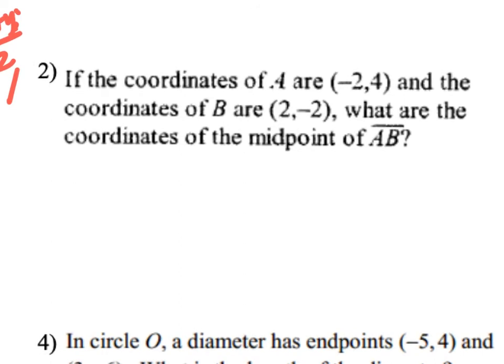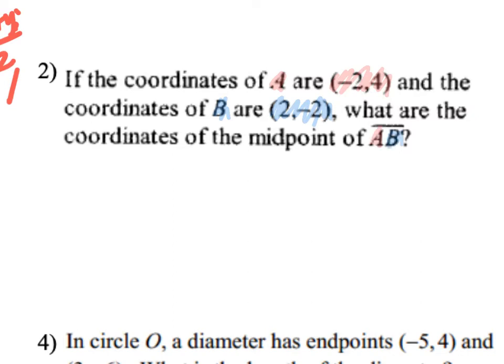If the coordinates of A are -2, 4, and the coordinates of B are 2, -2, what are the coordinates of the midpoint AB? Okay, so let's look at some information that I have. I'm given these coordinates, so A is going to be -2, 4, B is 2, -2, and I know that I'm dealing with this segment AB.